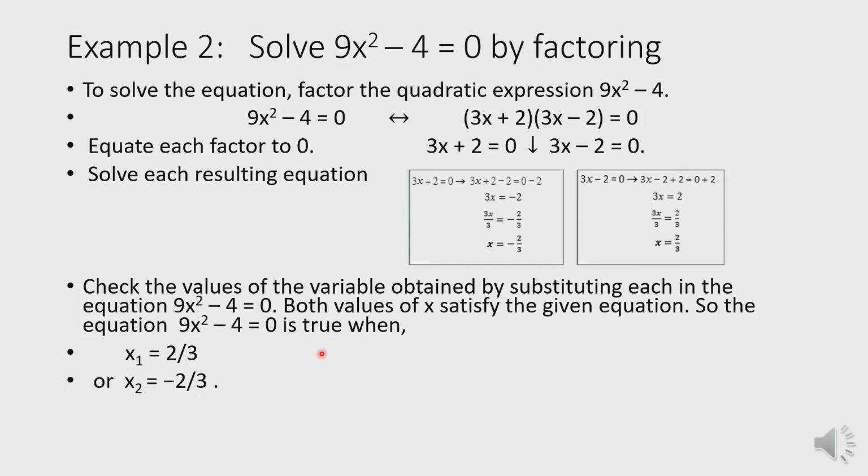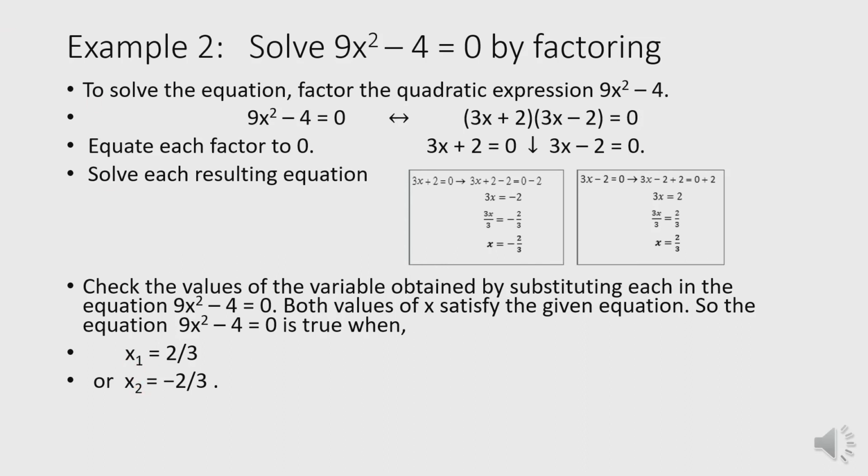Okay, you can say that these values of x are true when you substitute them to the original equation to make both sides of the equation equal. Like the left and the right sides are equal, so you can say that both x sub 1 and x sub 2 are solutions. Okay?